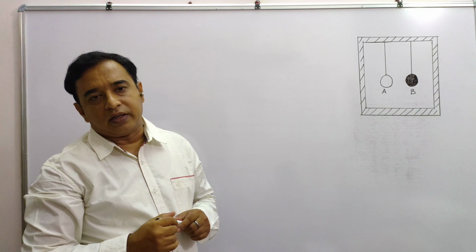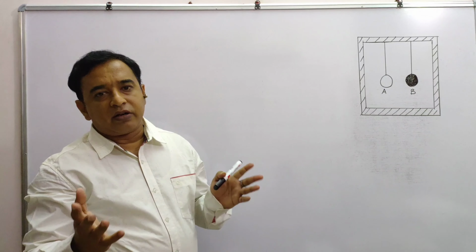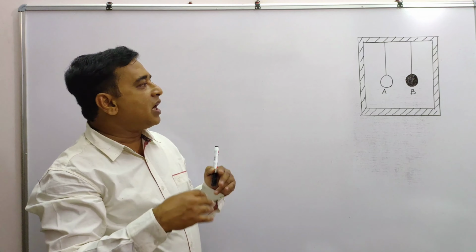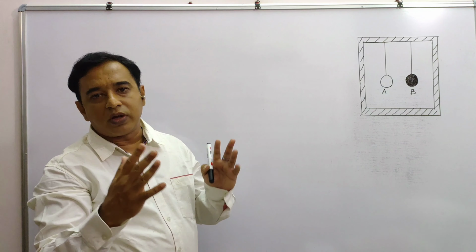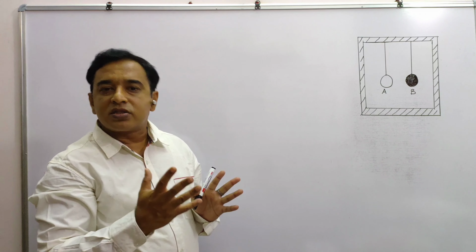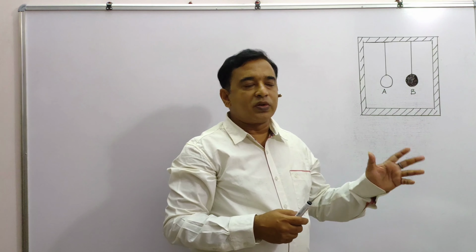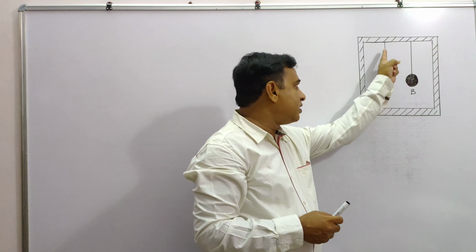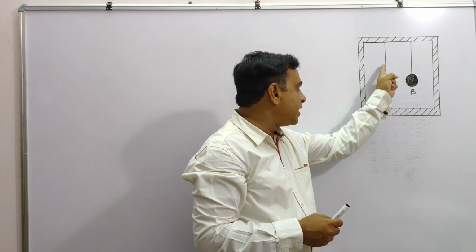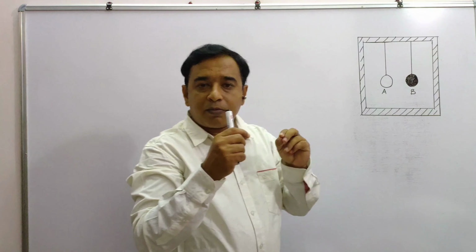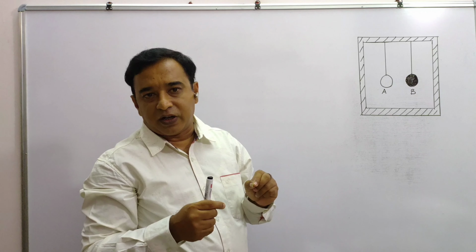Then it will never radiate any energy to the atmosphere, since it is well insulated from the surroundings. They are freely suspended so that there is no conduction of heat through a metal wire, so insulating wire is used.